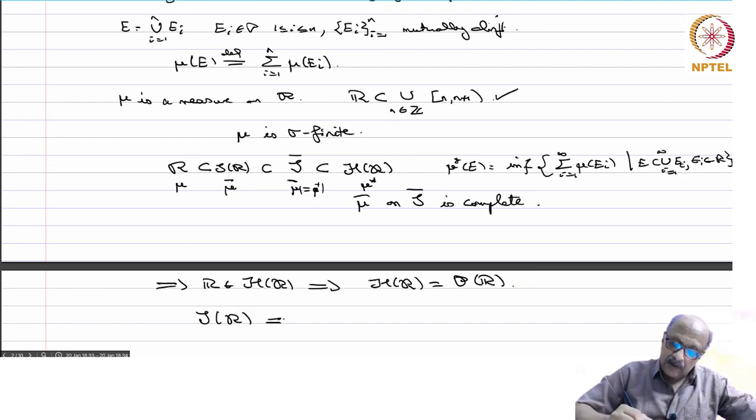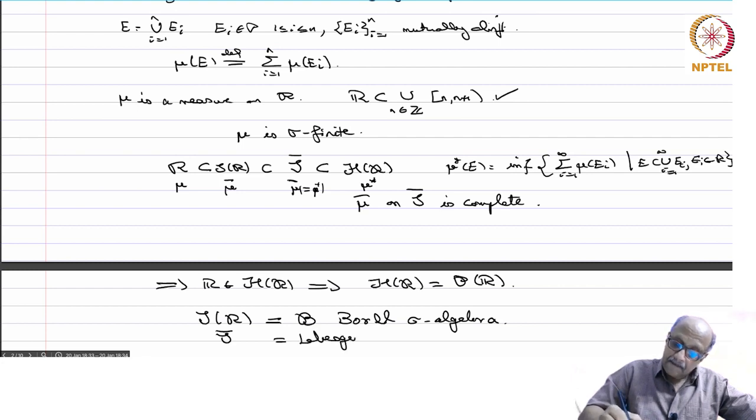Now S(R) is called the Borel sigma algebra, and S bar we call the Lebesgue sigma algebra.